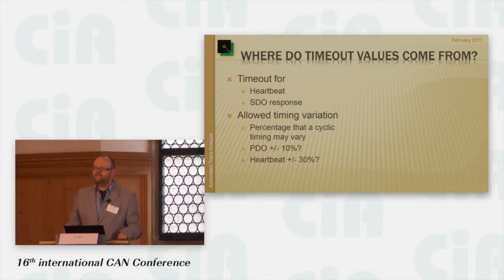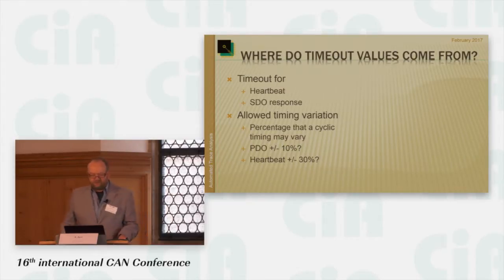So in regards to a heartbeat, if you look at regular 301, there are no times defined, and it's also not defined what a legal variation is. So let's assume you have a PDO configured to go every 100 milliseconds. Well, what is acceptable? Is 105 milliseconds acceptable, or is that a warning, or would we only start a warning at 110 or 115? Well, these are all things to make it flexible.